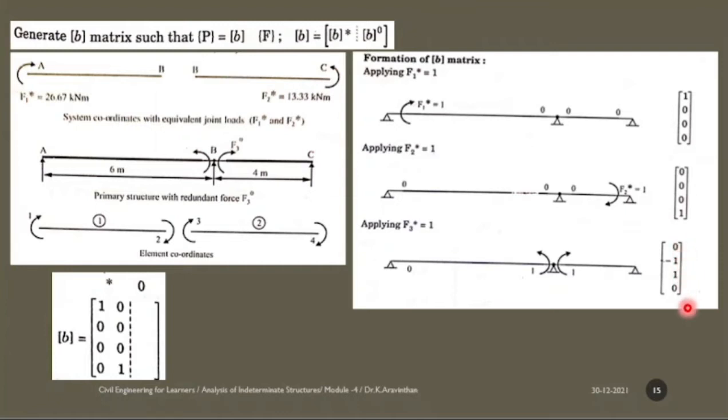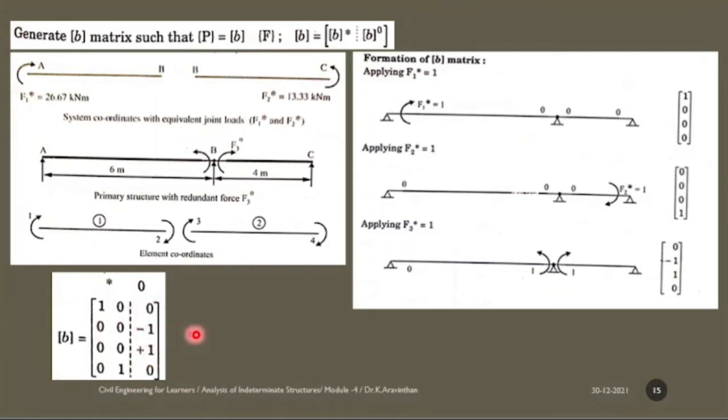So finally you will be getting the beta matrix, that is, this will be the component of star and naught. What are the star values? 1, 0, 0, 0. So it is written here, and the next star component is 0, 0, 0, 1. So these two are external force components, and the one other component is the redundant force.